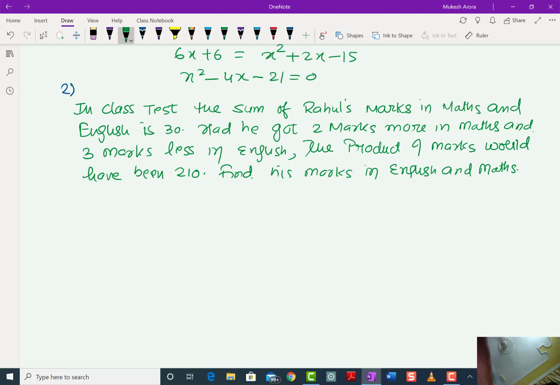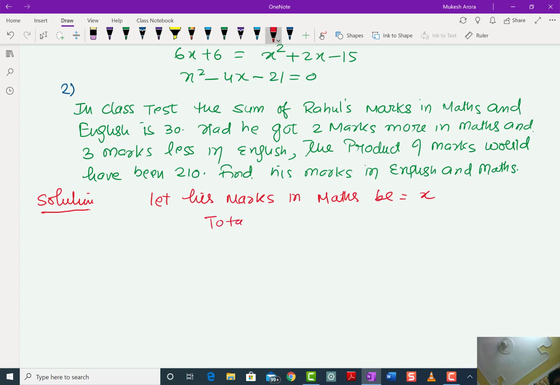So let his marks in maths be x. Total marks is 30. So then the marks in English will be 30 minus x.